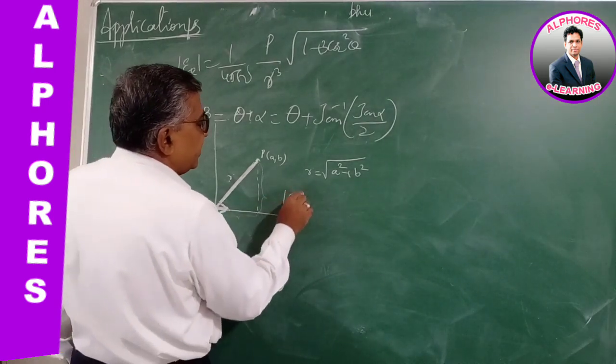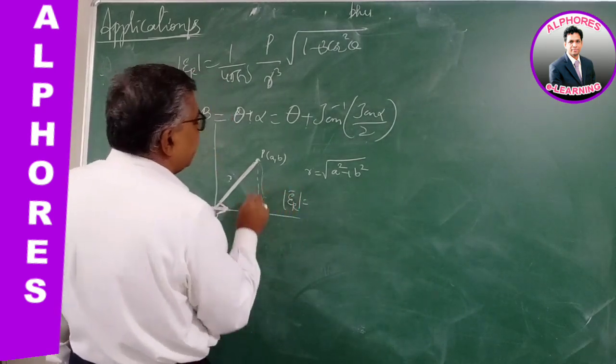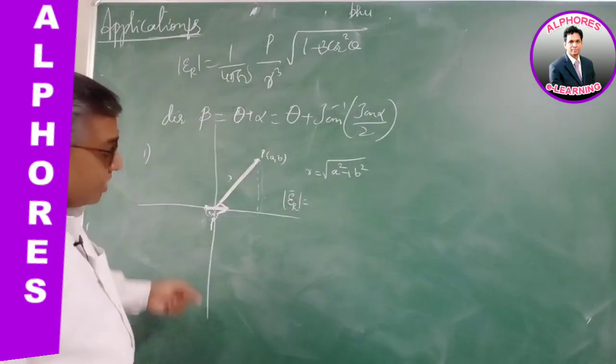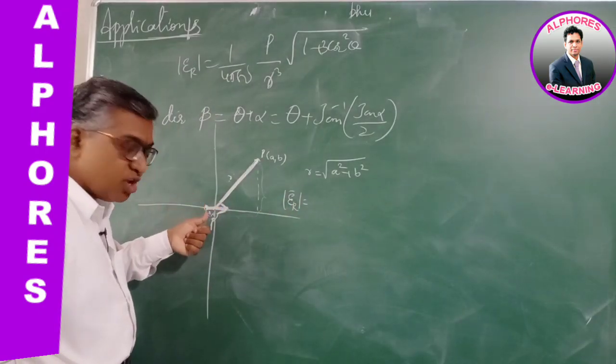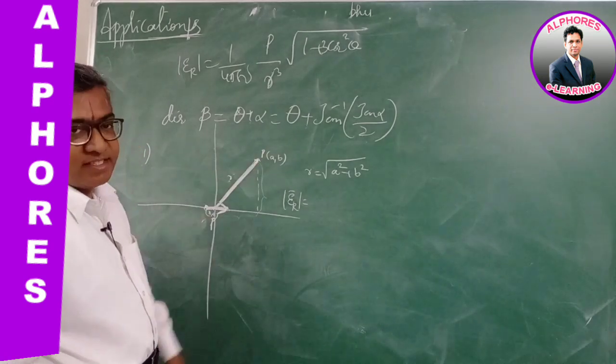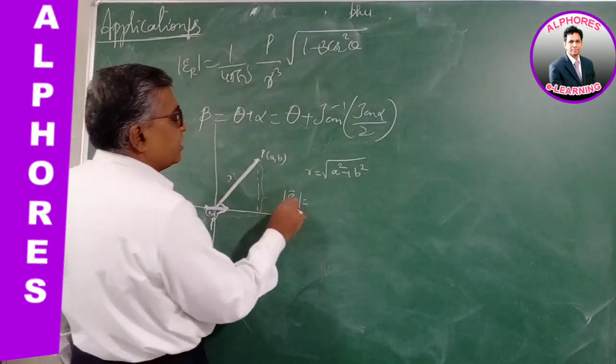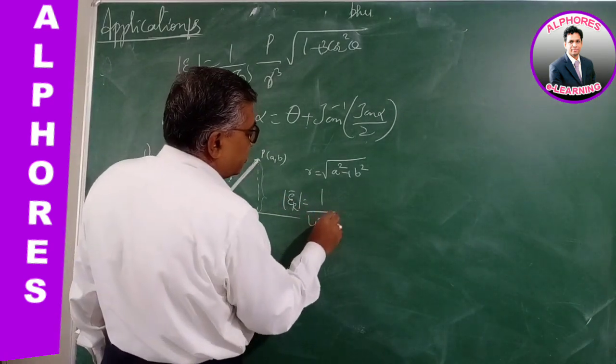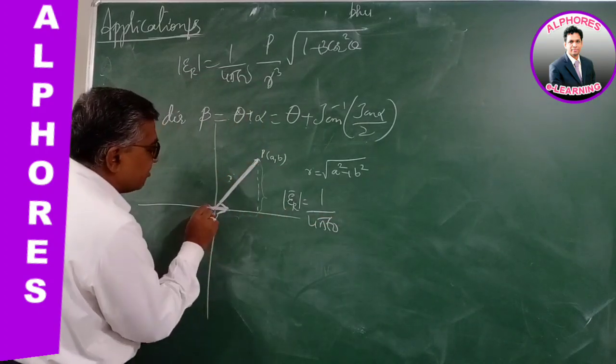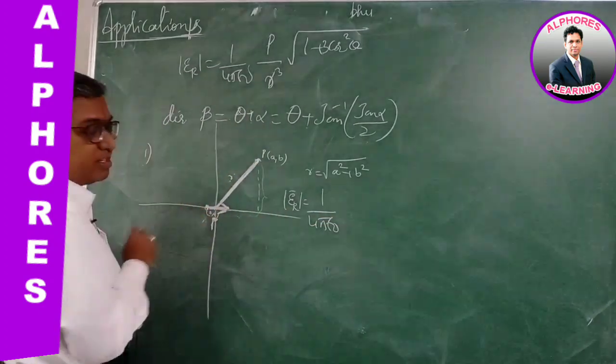The resultant electric field intensity at any point P, imagining the dipole at the origin and the point P is A comma B, has magnitude 1 by 4 pi epsilon naught, with the dipole moment P.